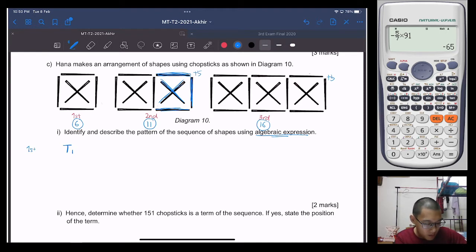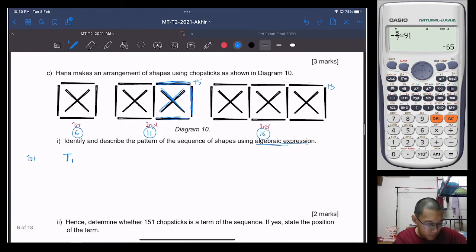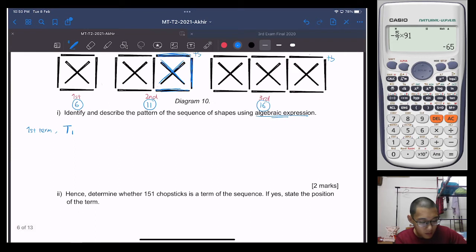Okay, T1. What is T1? It's 6, right? And the second term is T2, right? And third term, T3. So if you do like that, it's okay.